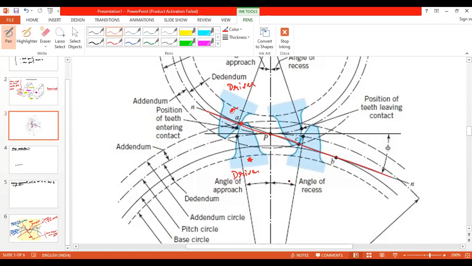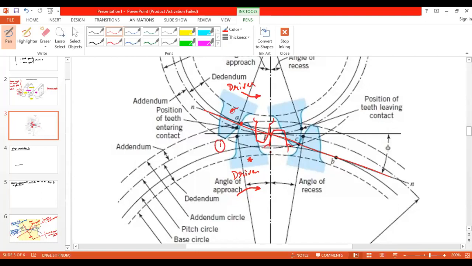Okay. And as the driver gear rotates, the driven gear will also rotate. Okay. And here at this point, as the driver gear moves, you can think the driver gear is there and the driven gear is here. Okay, I'm just looking into the next position.